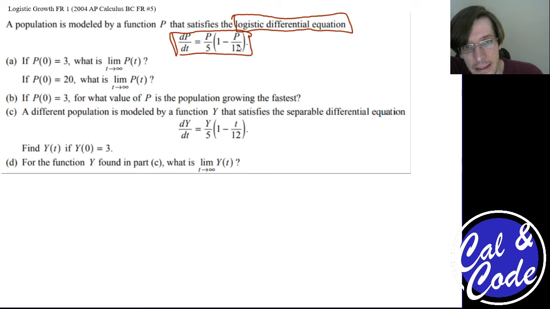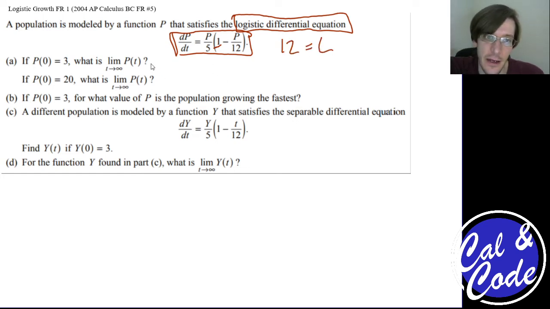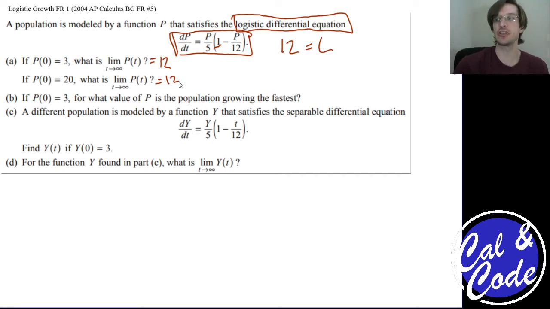I look at this and see it has the 1 in the front, so that means 12 is the carrying capacity. And if 12 is the carrying capacity, then the limit as this goes to infinity is 12, and it doesn't matter if I start out above or below. Both of them are going to eventually get really, really close to the carrying capacity of 12. Either we'll be removing things from the function, or we'll be adding things to it.